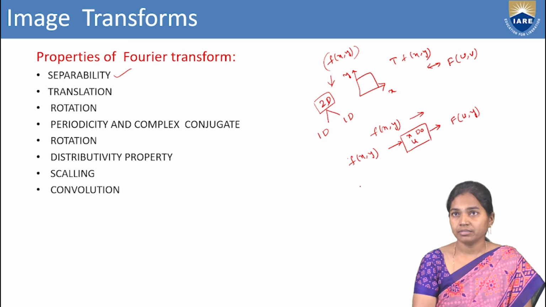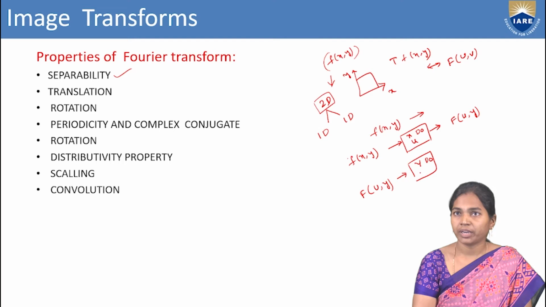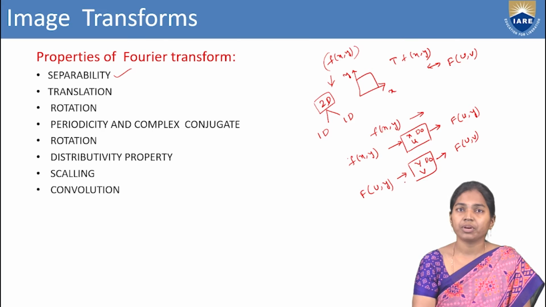Next, apply the separable property on y. Here the input is F of u comma y, and the y domain is converted to the v domain. The output is F of u comma v. So this is the separable property.